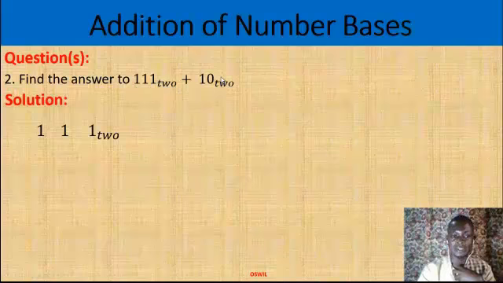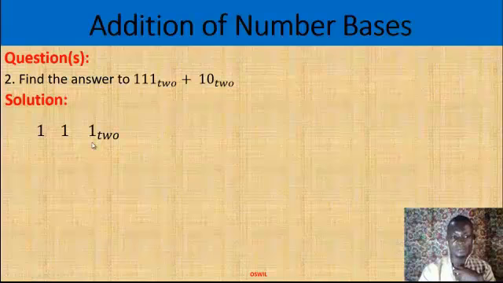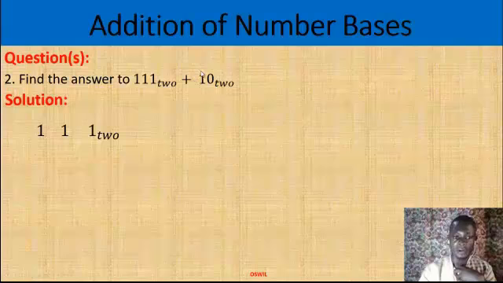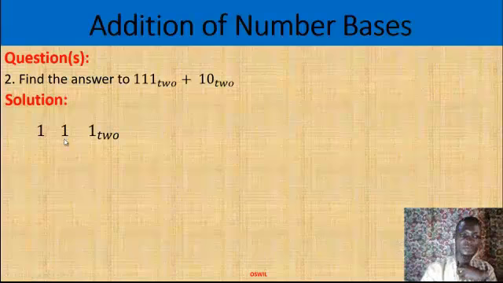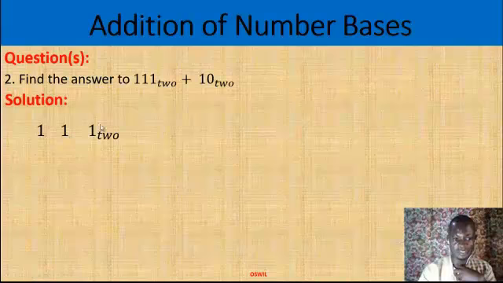So we write the 0 under the digit at the right hand side, which is the last digit for 111 base 2. Then we write the 1 under the second digit, which is the one my cursor is pointing to. So we may have 10 under these last 2 digits.